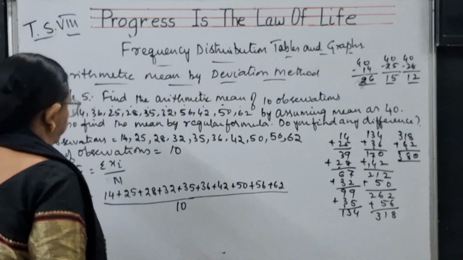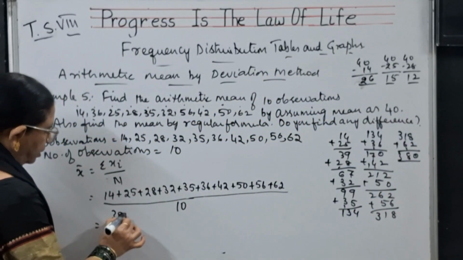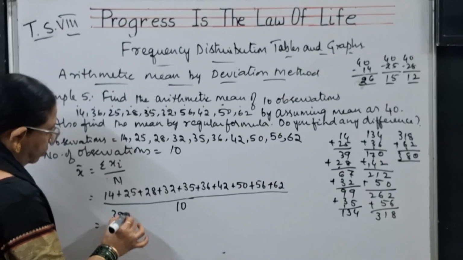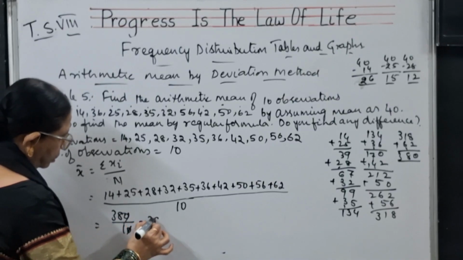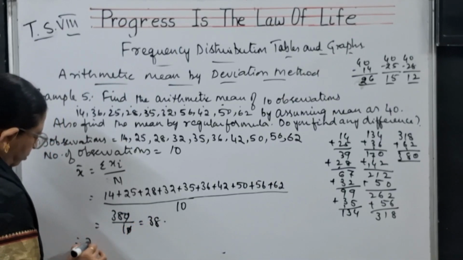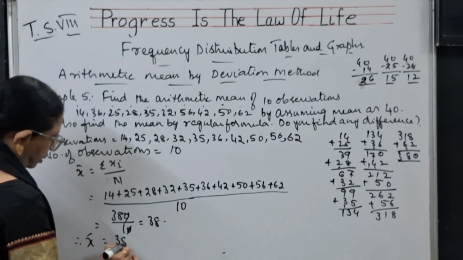So the sum of the numbers is 380, divided by 10. The zeros get cancelled, so we get 38. Therefore, the mean is 38.